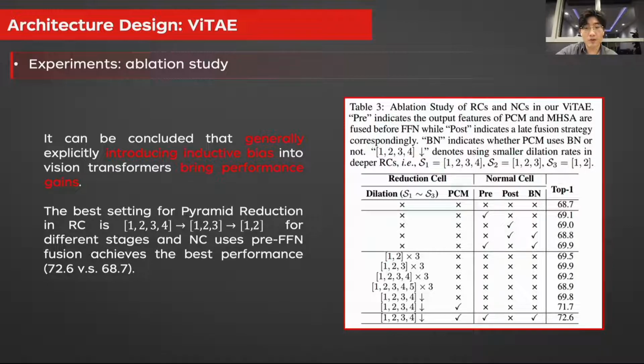Generally, with the explicitly introduced inductive bias, the vision transformer achieves better performance, which demonstrates the efficiency of explicitly introducing inductive bias into vision transformers.